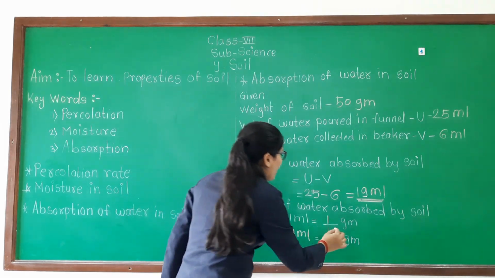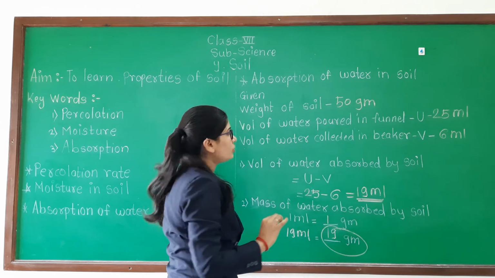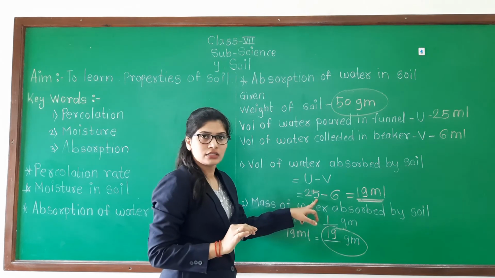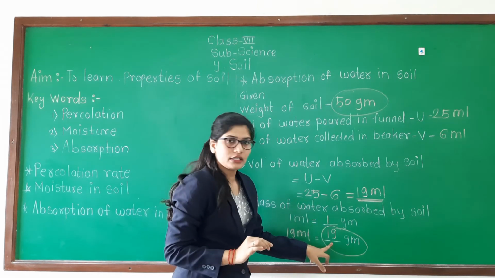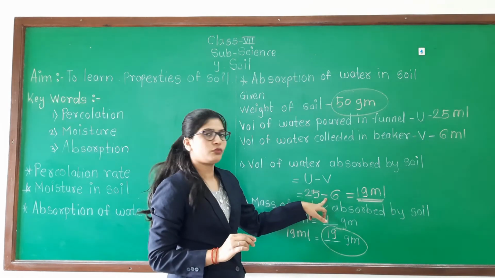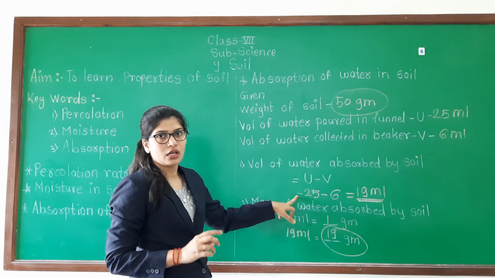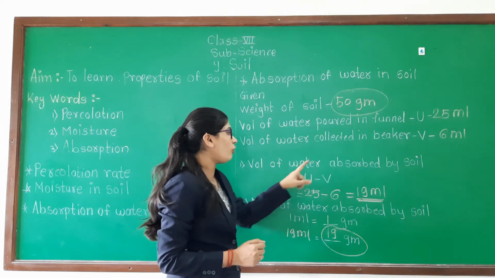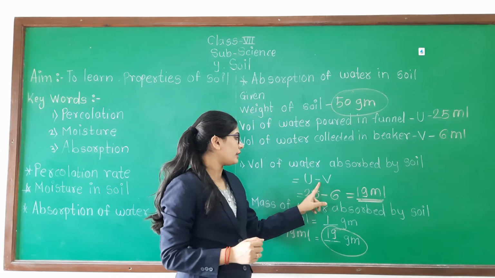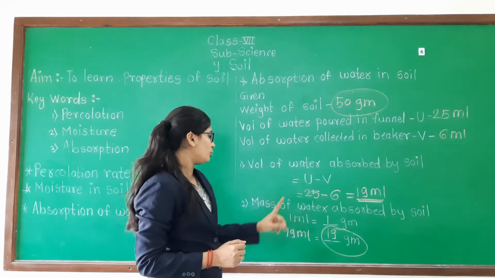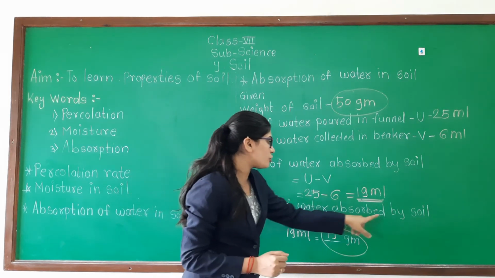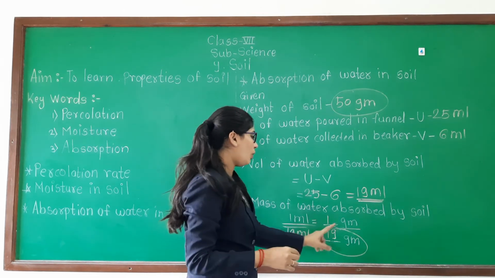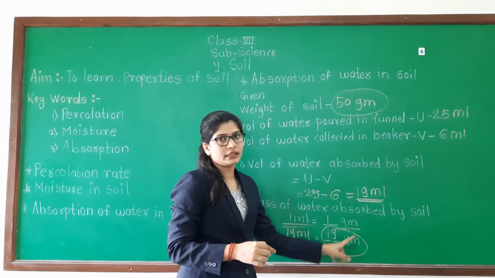So which values do we require? We require this value and this value, and we can get them only from this formula. So when you are solving the absorption rate sum, first you have to calculate the volume of water absorbed by soil by U minus V. Then you have to calculate the mass of water absorbed by soil through this formula: 1 ml 1 gram, 19 ml 19 gram.